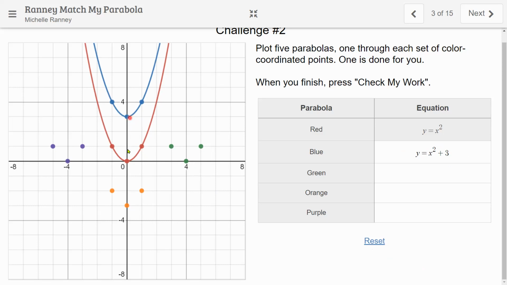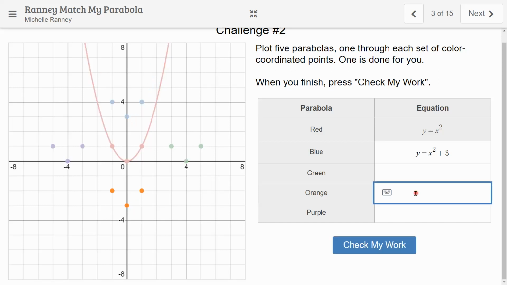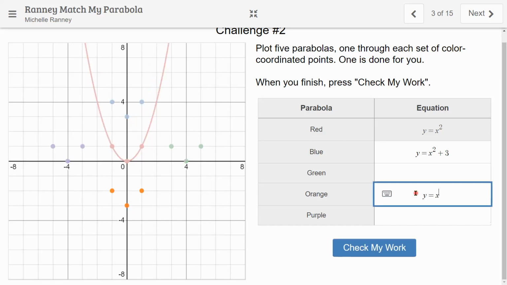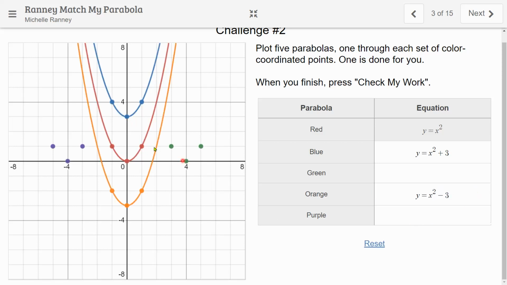It's the same exact graph, I'm just translating it up or down, and then we're going to try left or right. For this orange one, I would do y is equal to x squared minus 3, and that's going to move it down 3.